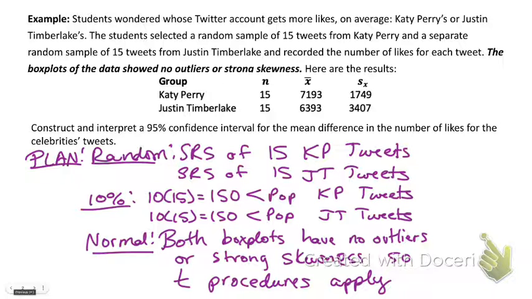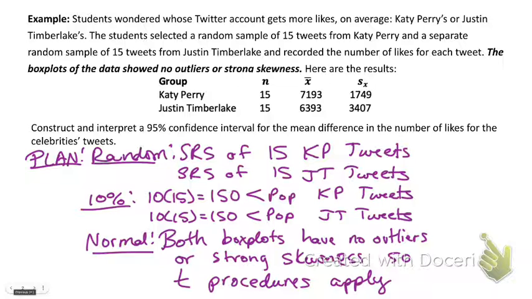Does anyone have any questions about plan? All right, now I have something very important to tell you guys before we move on to do. Right here on normal, you can look at each of the populations separately. So let's say it had told us that Katy Perry's population was normal and Justin Timberlake's box plot was normal for his sample data.